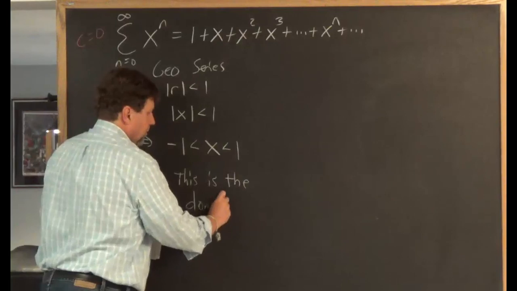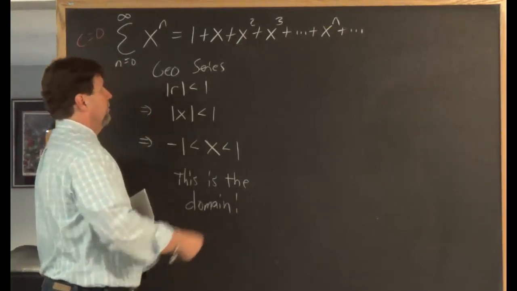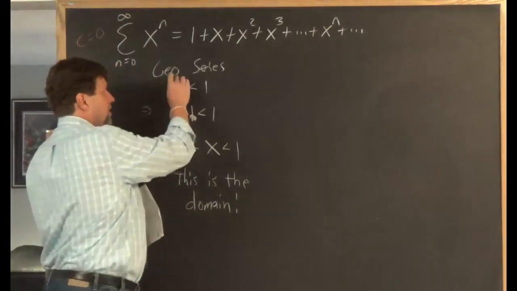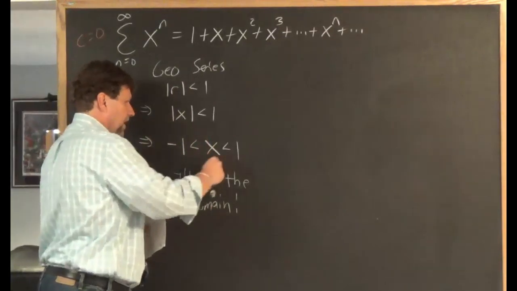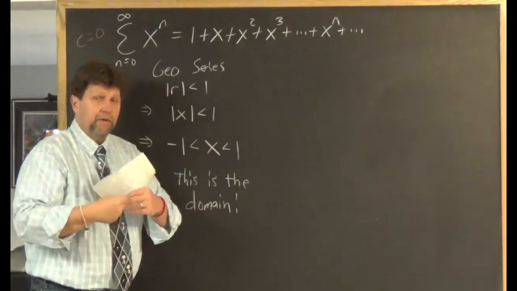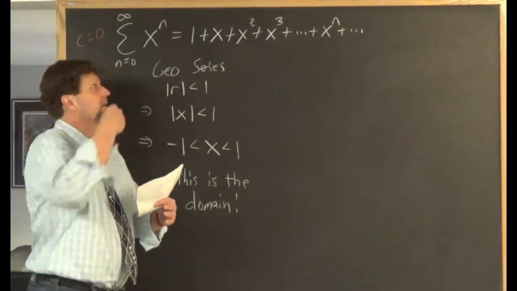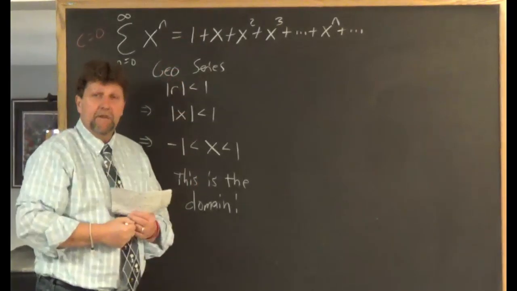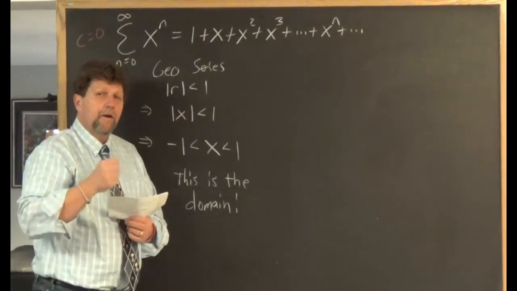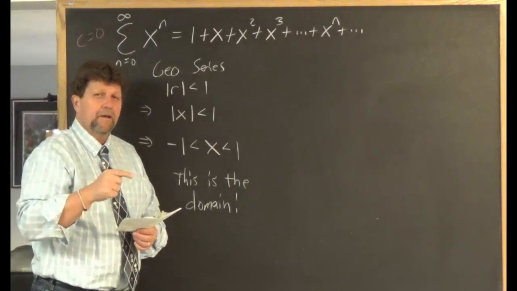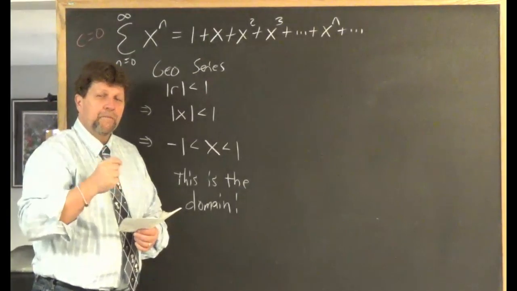Which is kind of cool. For this series, because it's a geometric series, you're able to determine the domain. You're able to determine all values of x where this beastie converges. But there's one more thing that I think is really cool.